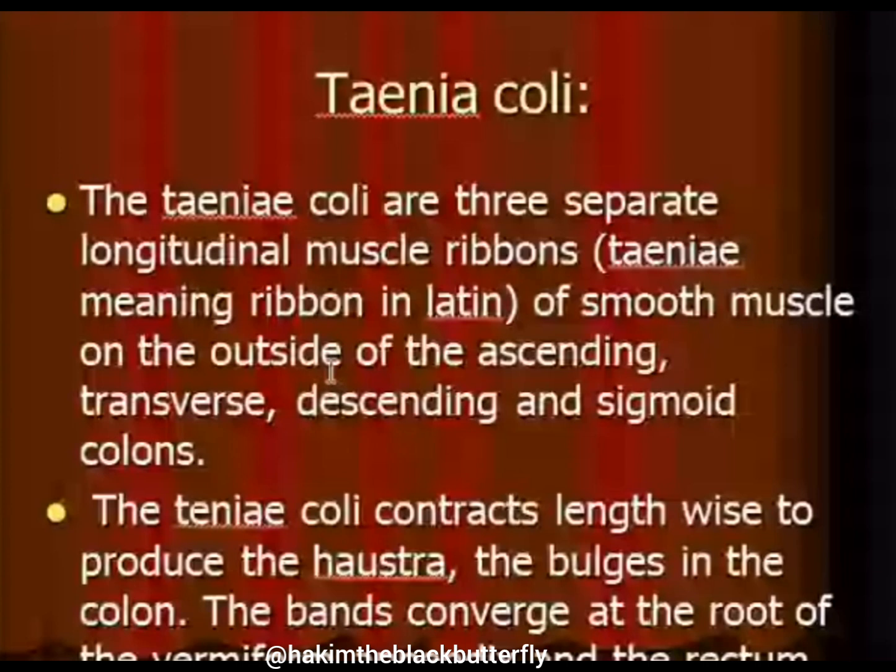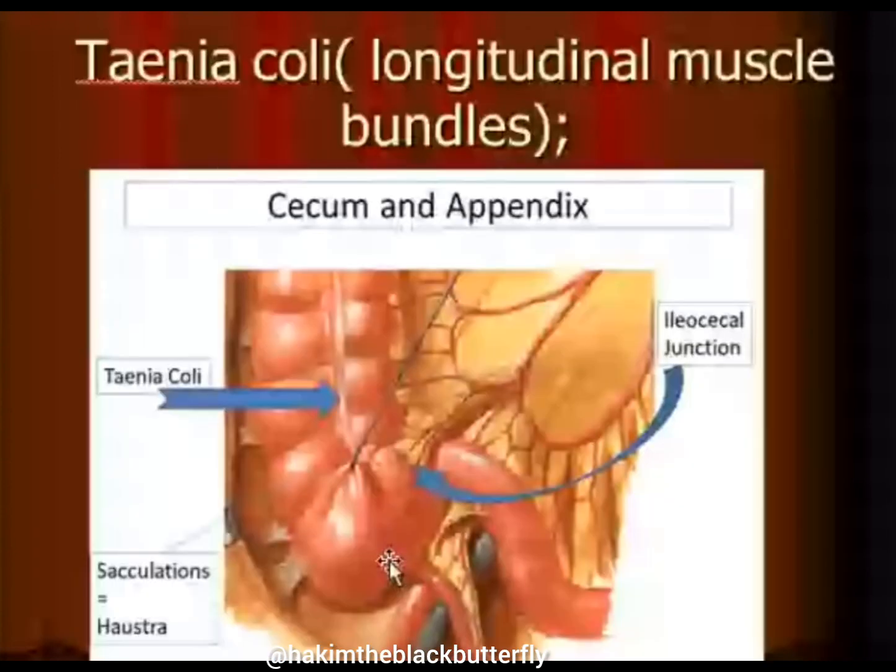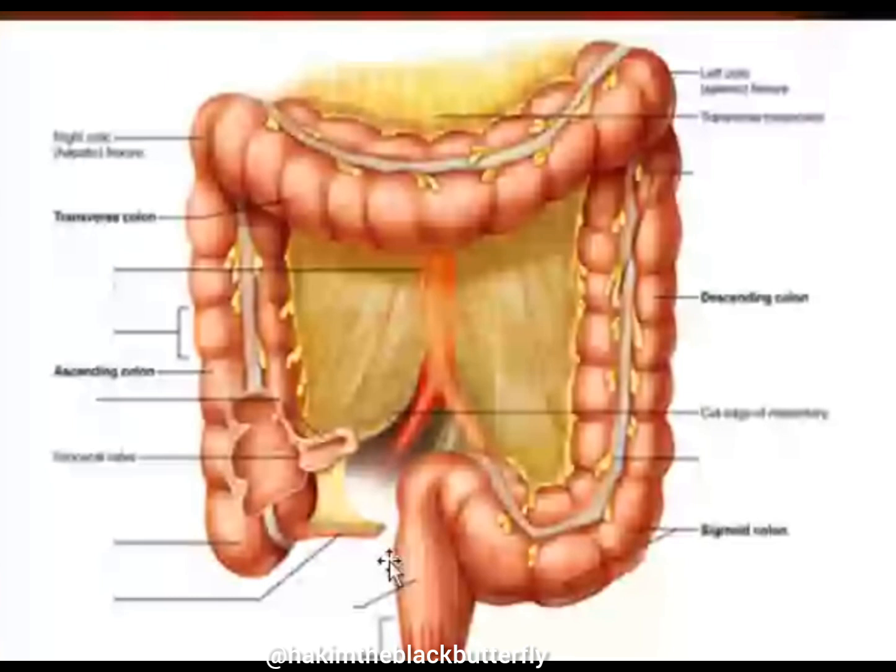When they contract, they fold the colon to make it rough, forming sac-like structures known as haustra because of the contraction of the taeniae coli. So this is one of them, which is anterior, and this is one of the posterior, posteromedial, and another one is there, posterolateral.